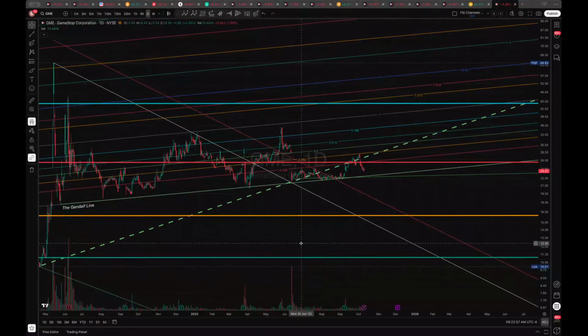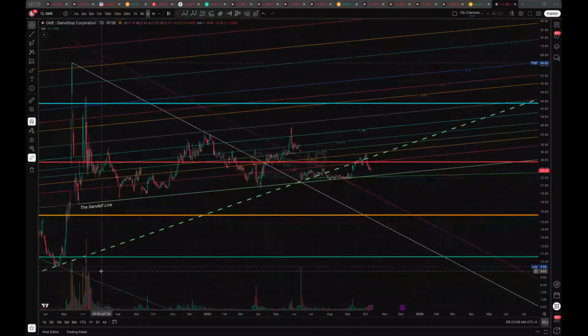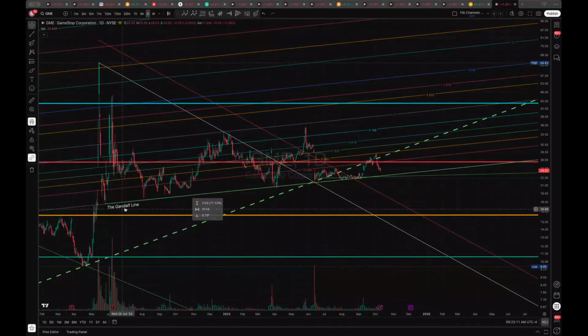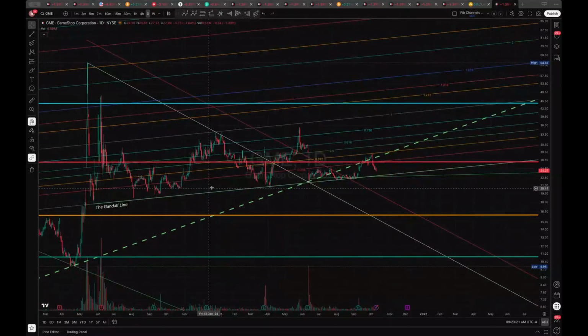And the reason I call this the Gandalf line is because look at the volume when it's gotten down to the Gandalf line. You've gotten a volume spike anytime it's gotten near it, and that has been a violent rejection. It's been a pretty strong move off of it for the most part.